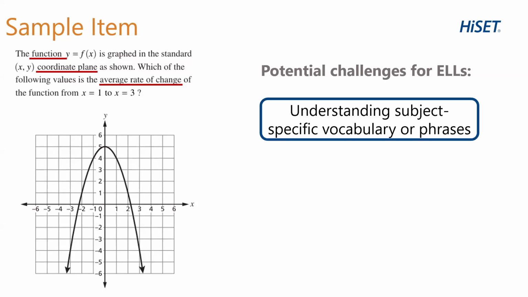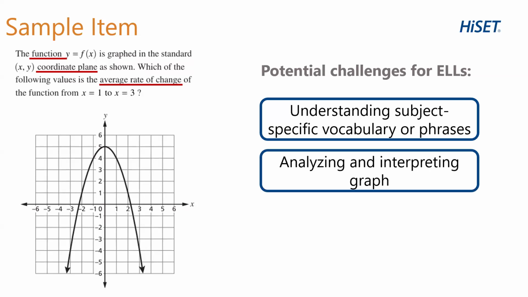They have to understand subject-specific vocabulary or phrases to be able to solve, right? If they don't understand function, they don't understand coordinate plane, then they might have a little bit of issue solving this problem if they don't even understand what the question is asking, right? And then after that, they need to analyze and interpret the graph.